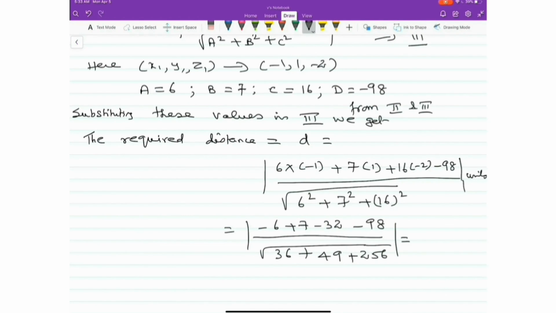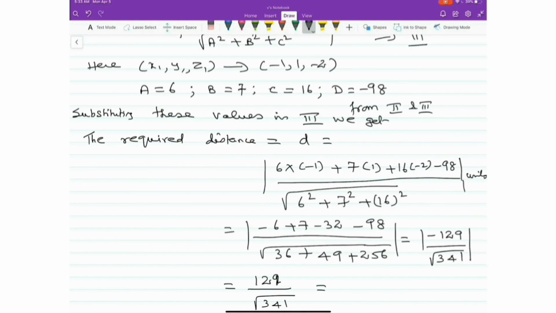When you simplify here, it is 197 minus 129... by square root of 341, which is nothing but, because you have to take only the positive value, 129 by square root of 341.